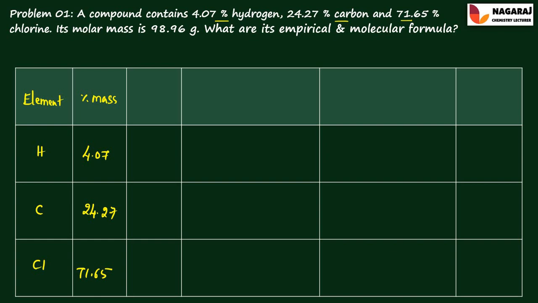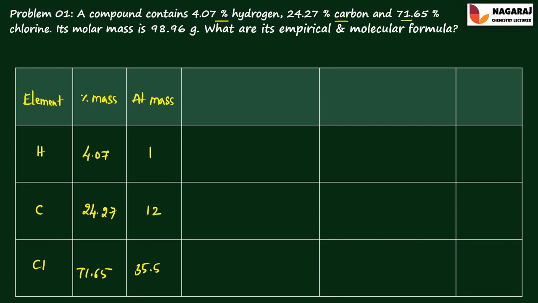Next, let us take the atomic mass of the given elements. Hydrogen atomic mass is 1, carbon atomic mass is 12, and chlorine atomic mass is 35.5.